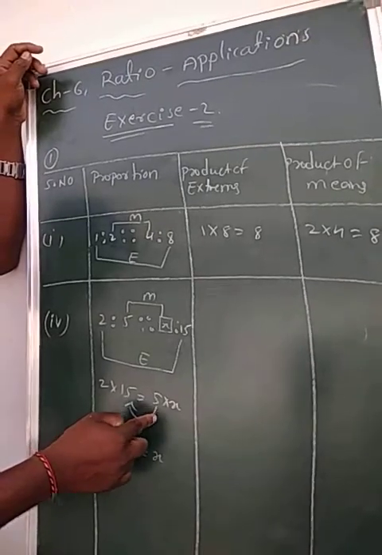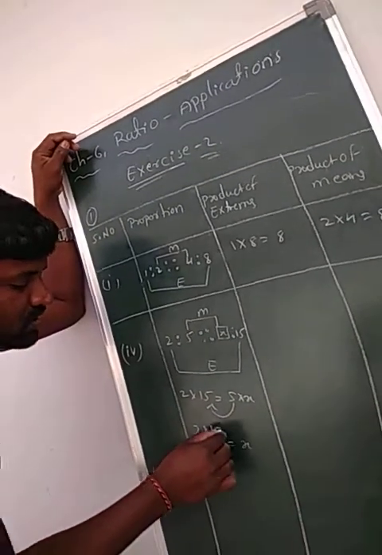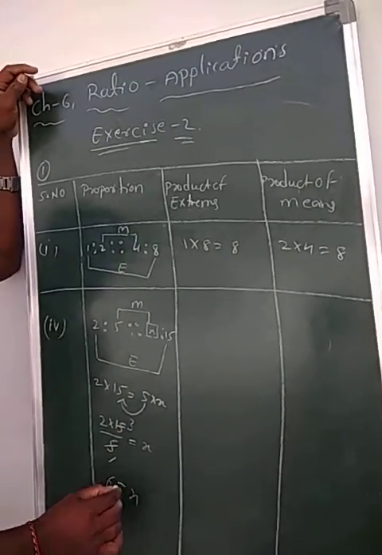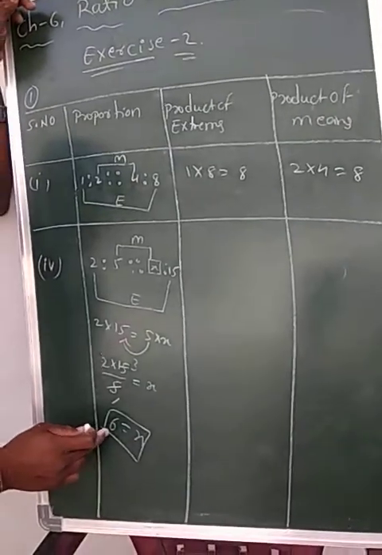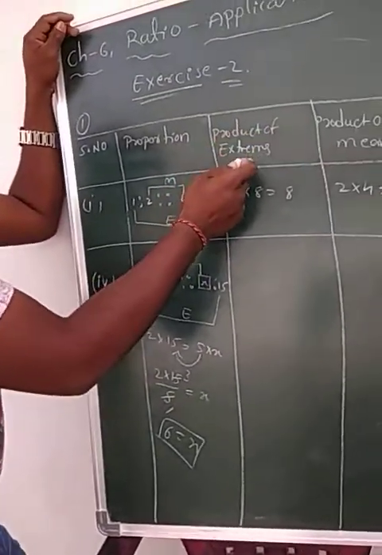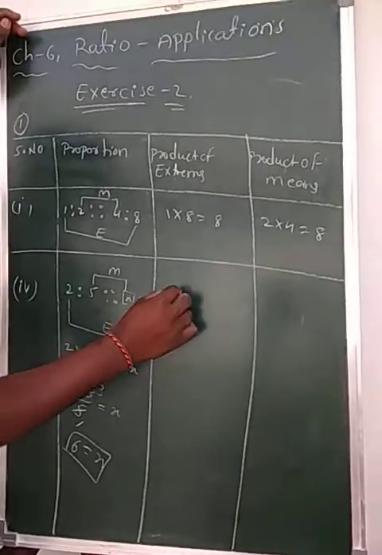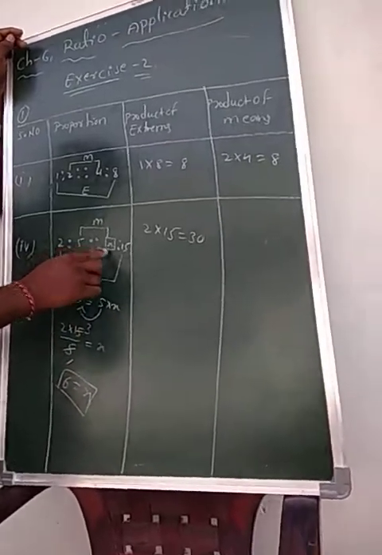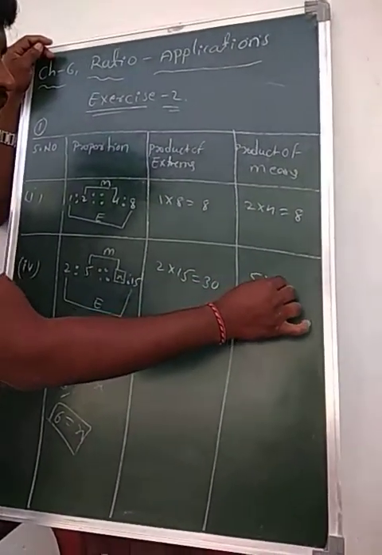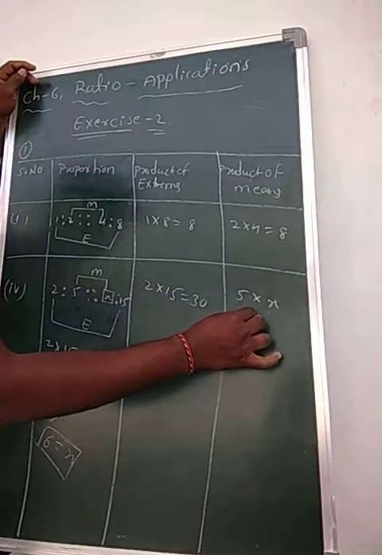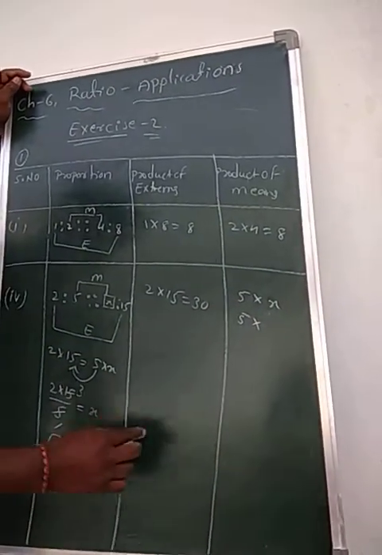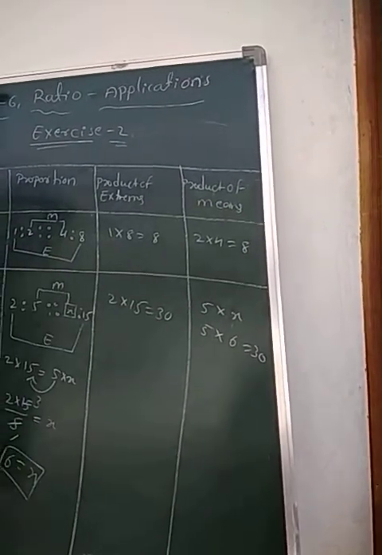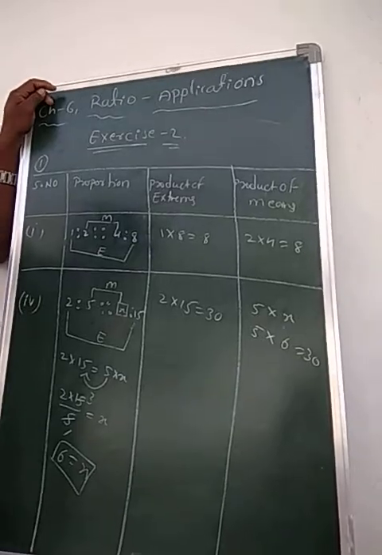Multiplication becomes division. 5 ones are 5, 5 threes are 15, so 2 into 3 is equals to 6. So we get x is equals to 6. Now check: product of extremes, 2 into 15, is equals to 30. Product of means is 5 into x, and with x equals 6, that is 30. So like this you can fill the remaining boxes also. Thank you.